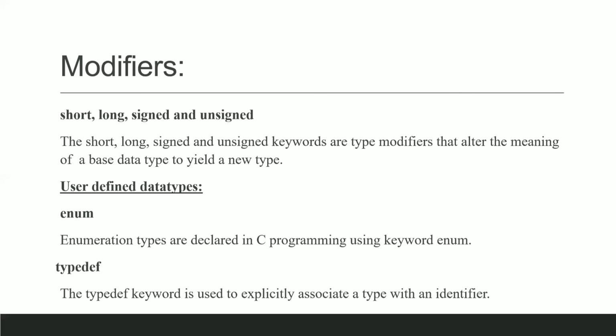If you want to know more about predefined data types, derived data types, user defined data types and modifiers in C, please do watch data types in C video. We have two types of user defined data types. Those are declared using keywords enum and typedef.